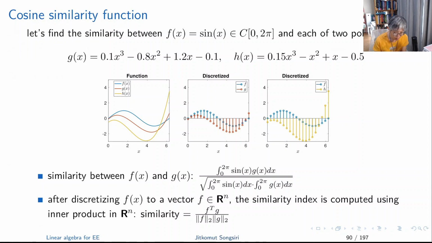Now let me give you an example of inner product space of functions. Continuous functions in the interval of 0 to 2 pi. I have a function sine x that is given by the blue curve, and I have two functions g and h that are cubic polynomials. They just differ by the coefficients.